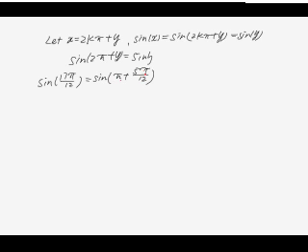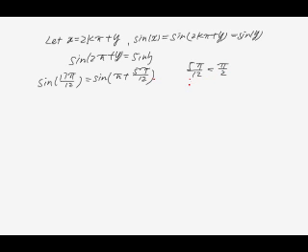And this angle is in quadrant 3. We know 5 pi over 12 is less than half pi, so pi plus 5 pi over 12 is less than 3 pi over 2. Then we know this angle is in quadrant 3, and since in quadrant 3 the sine function is negative, you have negative sine of 5 pi over 12.